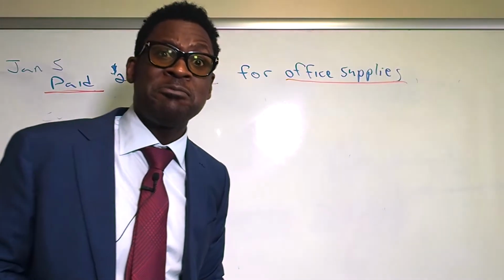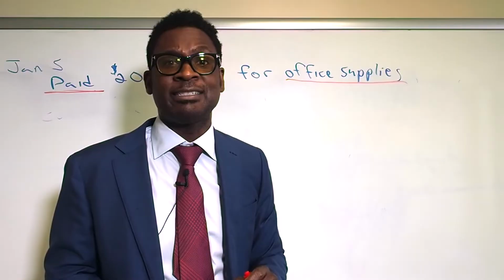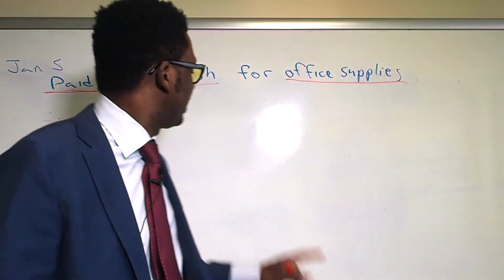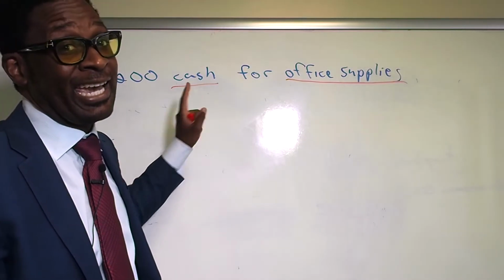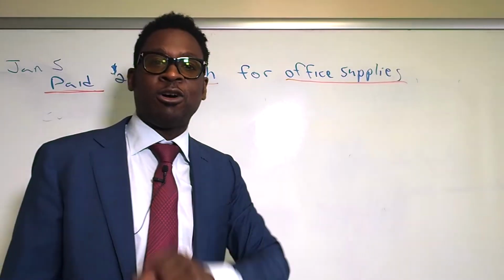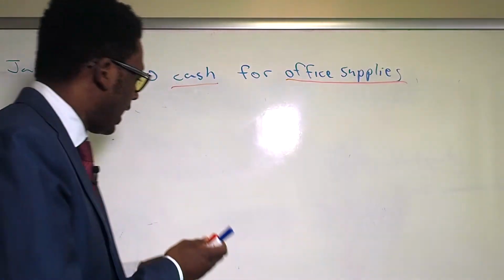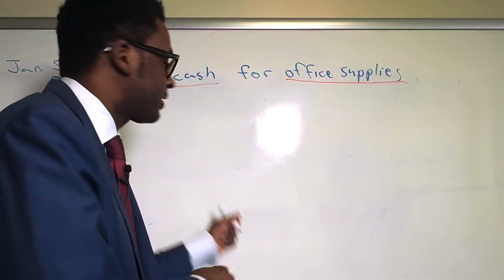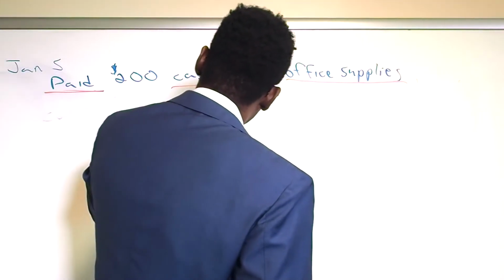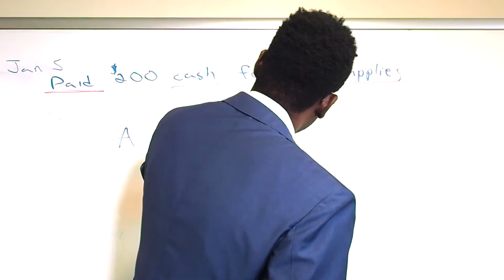The last thing we must do for this transaction analysis is identify what categories, what families they belong in. As we already know, gang, cash is an asset, but guess what else? Office supplies is also an asset. So how would that affect the accounting equation? Well, we have assets equals liabilities plus stockholders' equity.